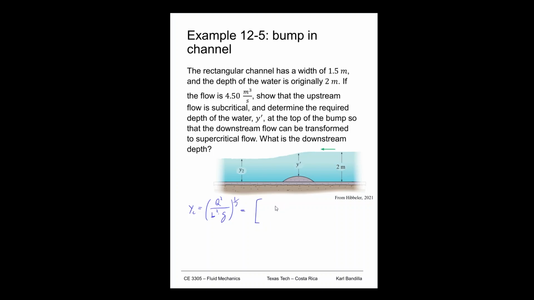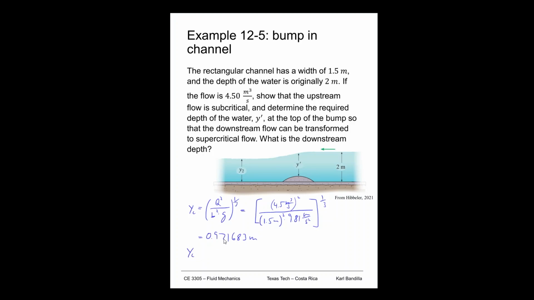All right, so we get 4.5 cubic meters per second, squared, divided by the width, which is 1.5 meters, squared, times 9.81 meters per second squared, raised to the 1/3 power, and that gives me 0.97163 meters.